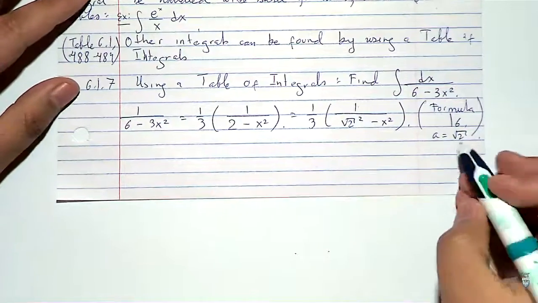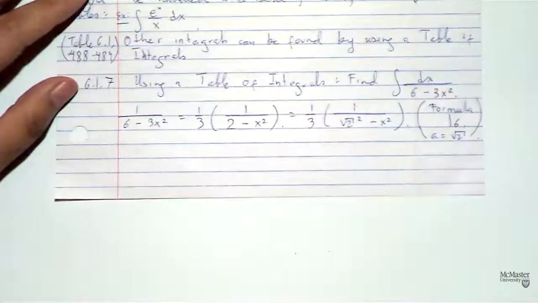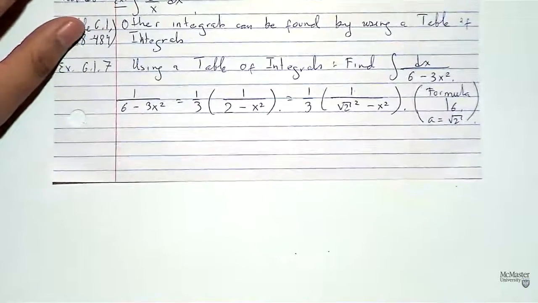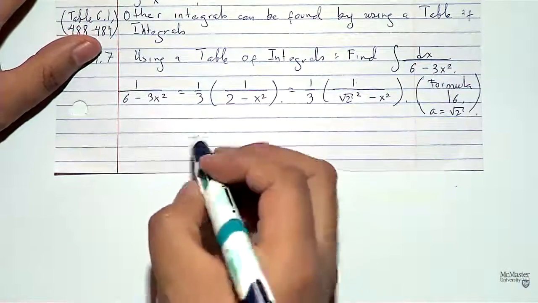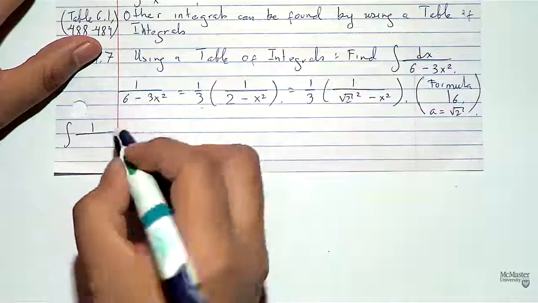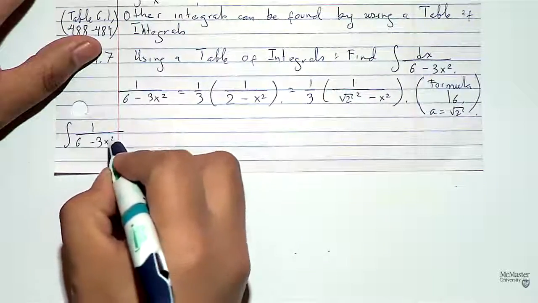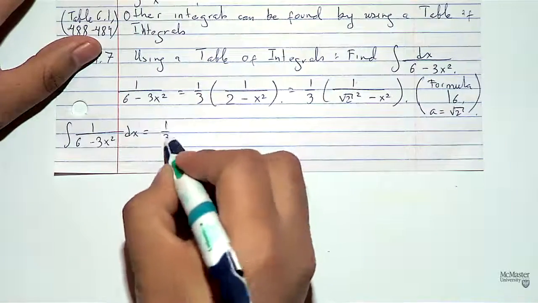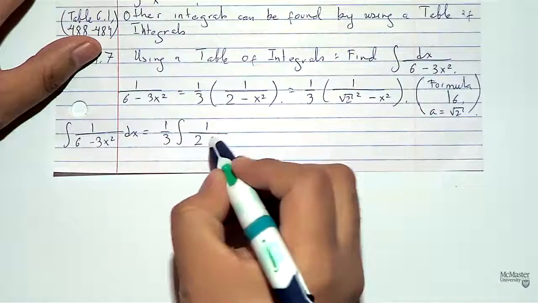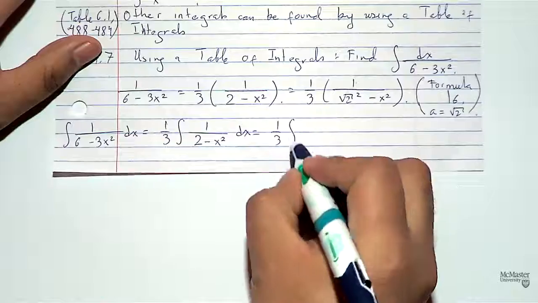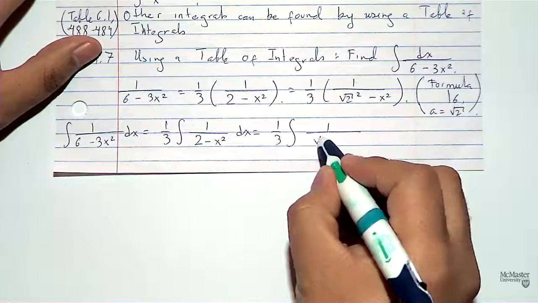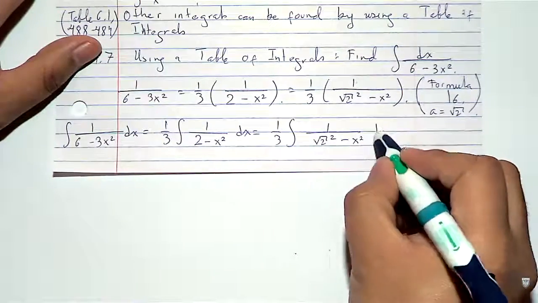If you were to check that formula, and I know that you usually bring your textbook, I will just plug in the formula. I will put this in a nice fashion. So this is the integral of 1 divided by 6 minus 3x squared dx. So this is 1/3 of the integral of 1 divided by 2 minus x squared dx. This is 1/3 of the integral of 1 over the square root of 2 squared minus x squared dx.